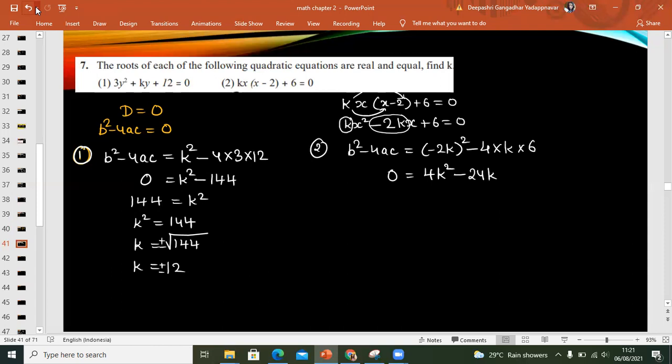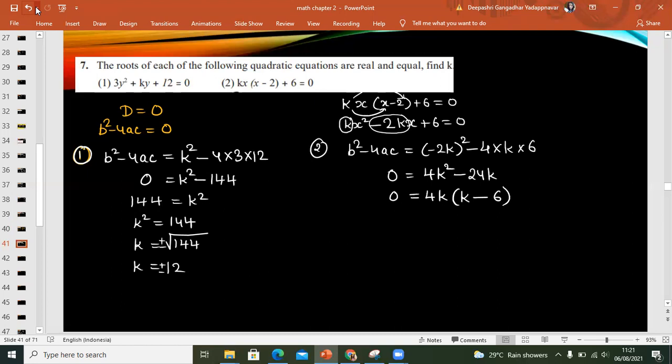Let us bring this negative 4k, or else we can do it like this. We can take k common, and we can also take a number common here. Which number will we take out? 4. We can take 4 and k common. What is left inside is k minus 4 times 6, which is 24k.